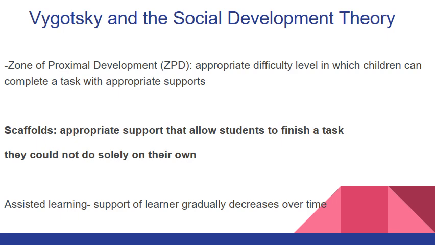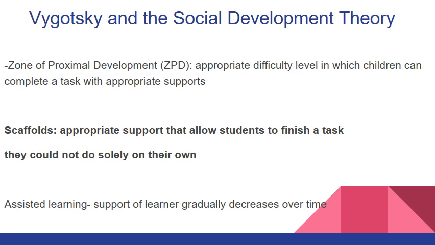Probably the most important theory that Vygotsky created in terms of its relevance for educators was the concept of the zone of proximal development. Basically, Vygotsky explained that new information must be taught at the appropriate difficulty level so that children can successfully complete that task.